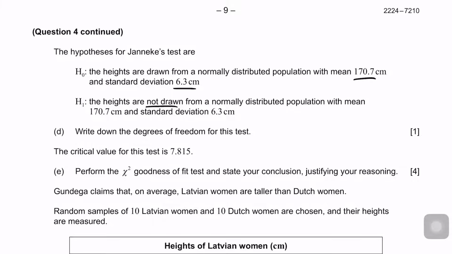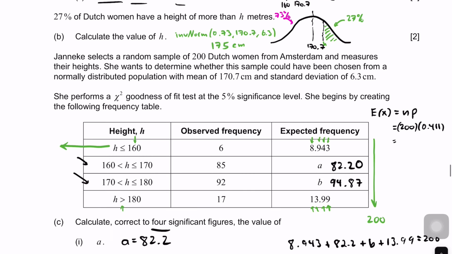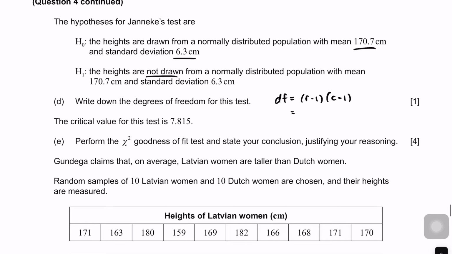Write down the degrees of freedom. Degrees of freedom, remember, is just rows minus 1, columns minus 1. Here we are. In this case, we have 1, 2, 3, 4 rows and 2 columns, right? So in this case, we have 4 minus 1, 2 minus 1, or simply 3.